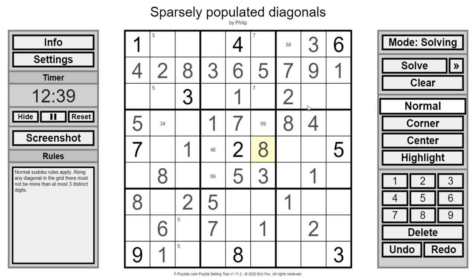And this can't be 1. It's either 5 or 8. Which matches with this other piece, which is only 5 or 8, because it can only be 1, 5, or 8 in that diagonal. So this must be 4.